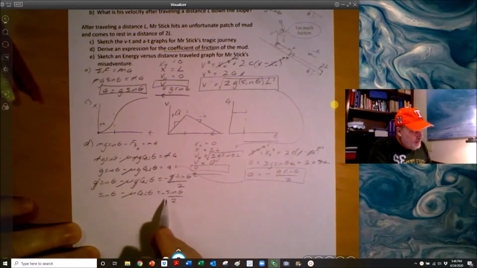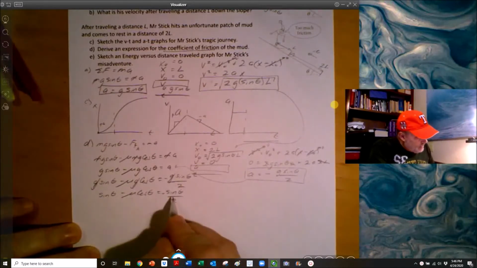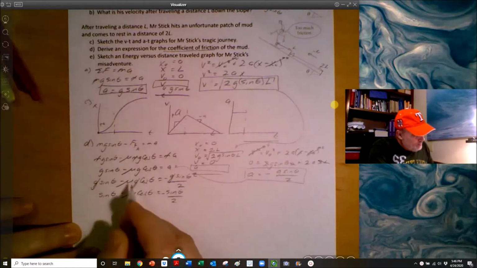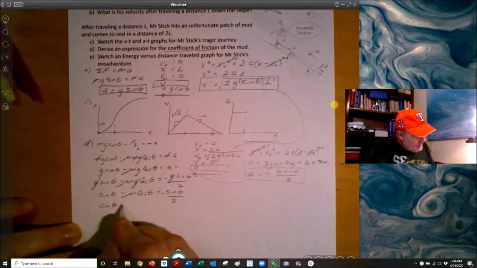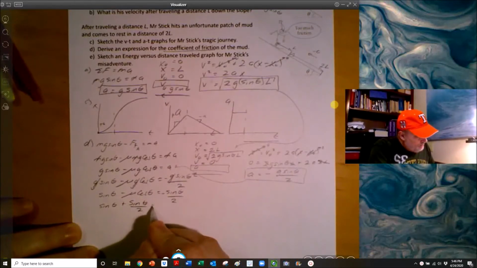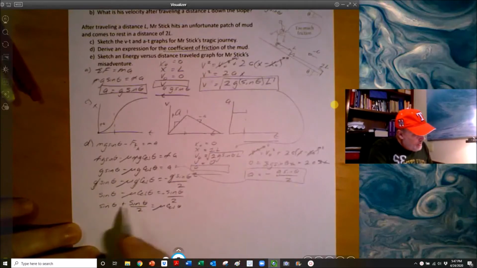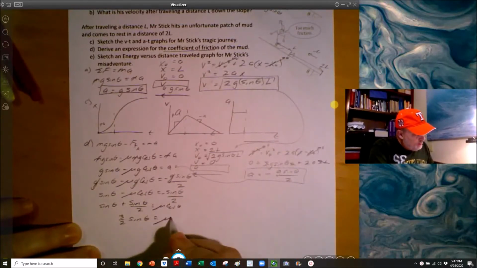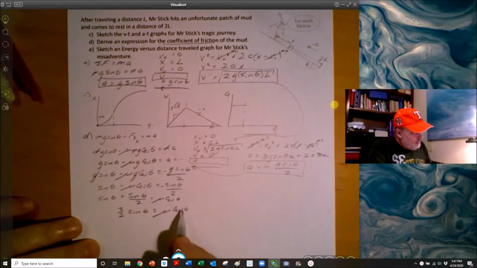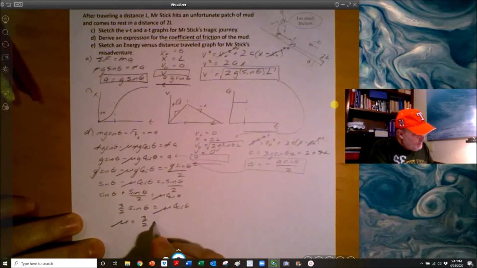I'm going to get rid of my negatives by moving them to the other side. So this one's going to come over here, and the mu is going to go over there. So I get sine theta plus sine theta over 2 equals mu cosine theta. These two add up to be 3/2 sine theta equals mu cosine theta. And then I divide and I end up with mu equals 3/2 tangent of theta.